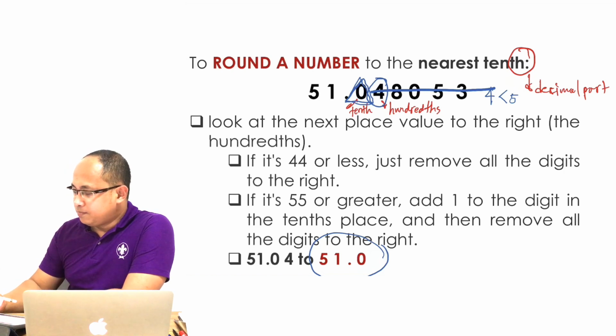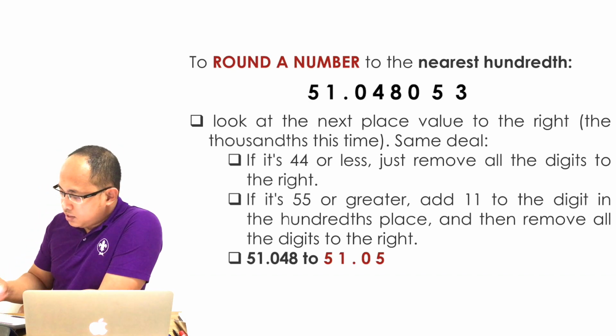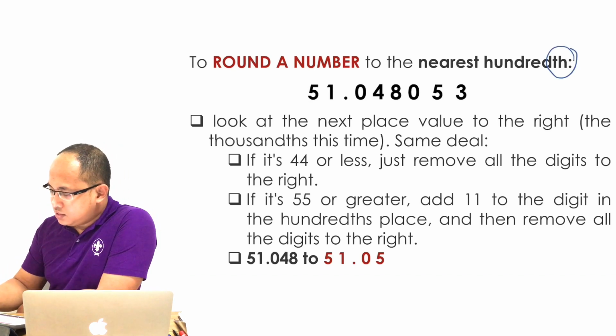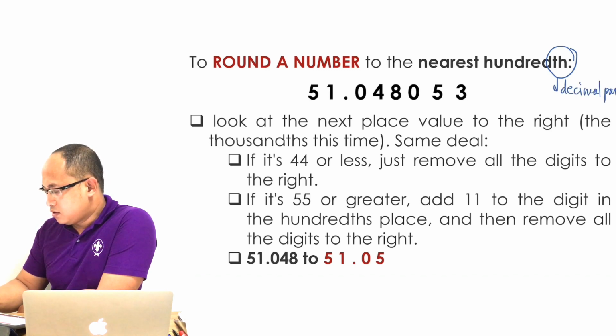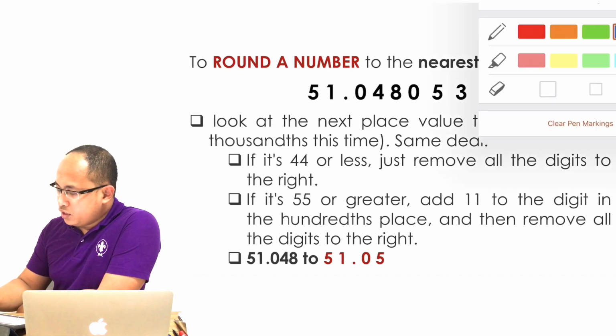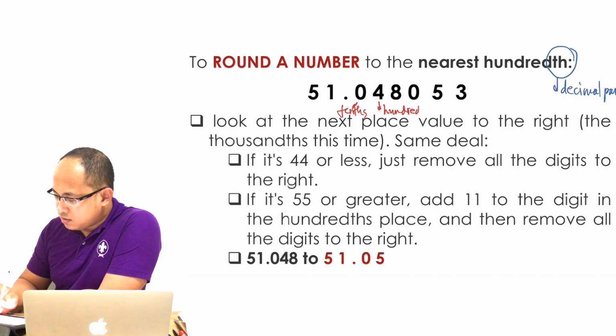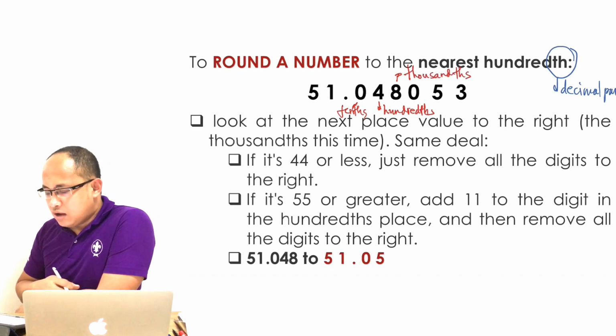All right? Now, to the nearest hundredth, this is the next example. Again, to the nearest hundredth, this is still in your decimal part. Now, we are going to identify, this is tenths, this is hundredths, and this is thousandths.